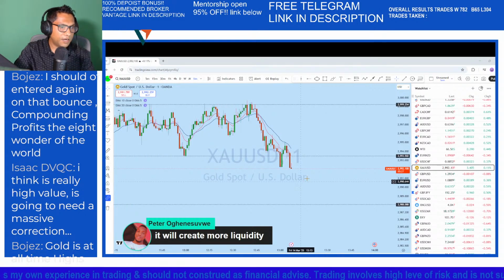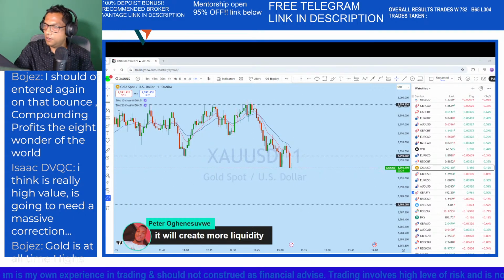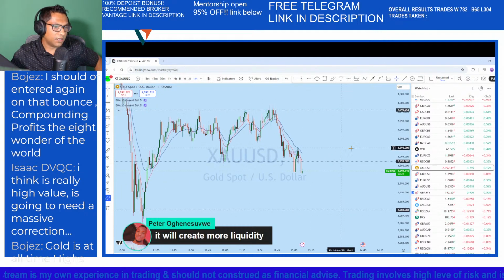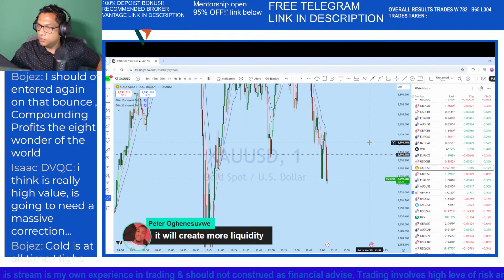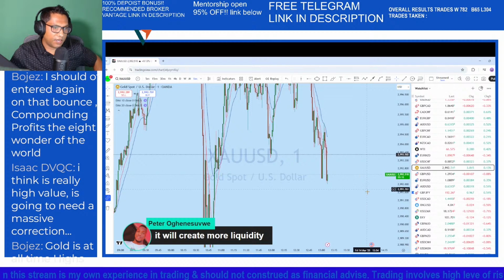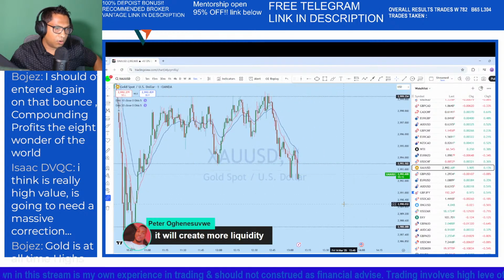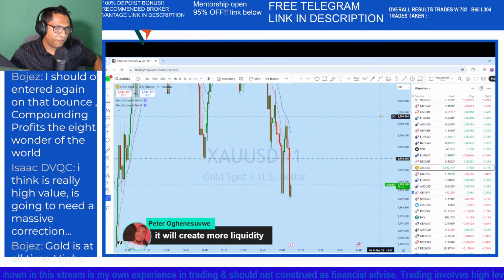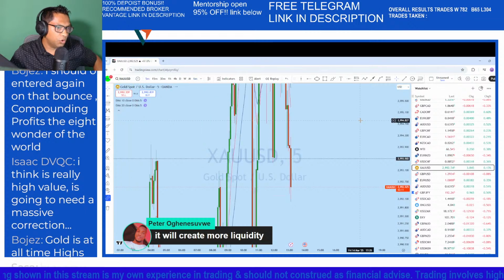So here the market is showing weakness to the downside, so that means the market may continue to drop for a further bearish move.